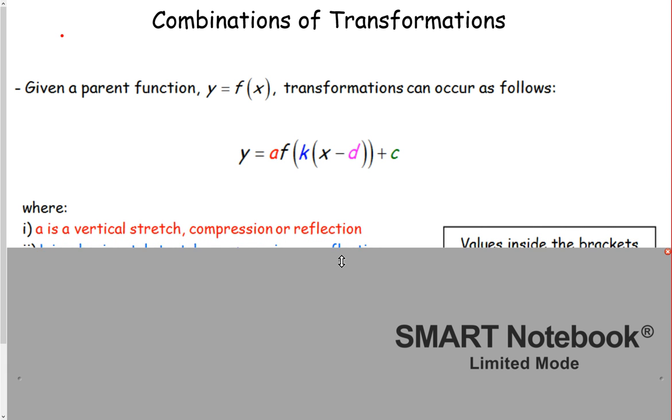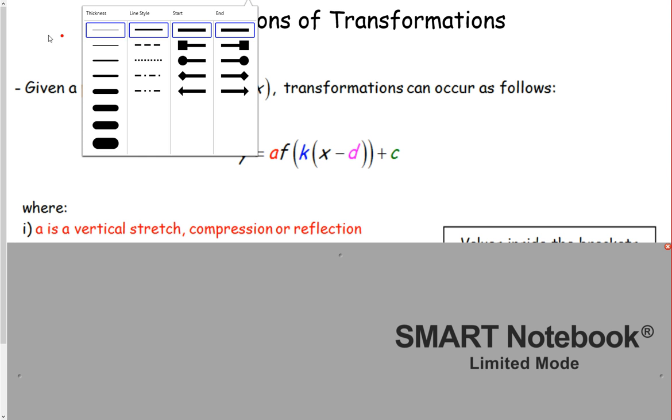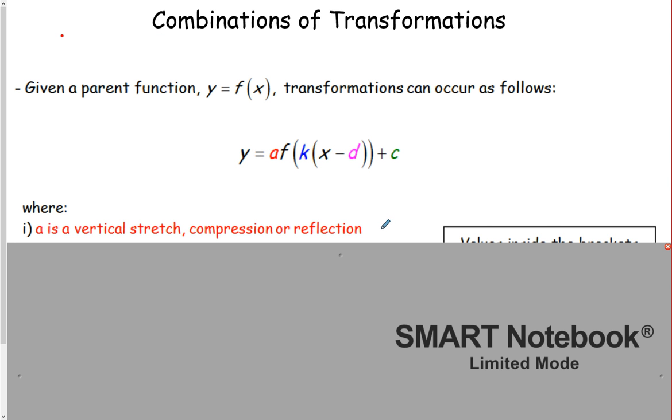So I'm just going to write a little note here and add to this. I'm going to try and match my colors here. We're going to say multiply all y values by this.